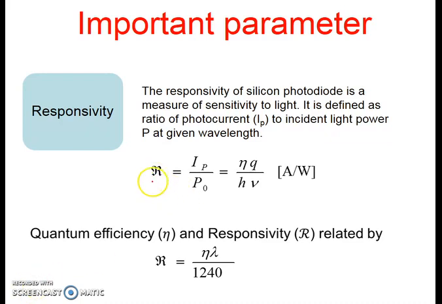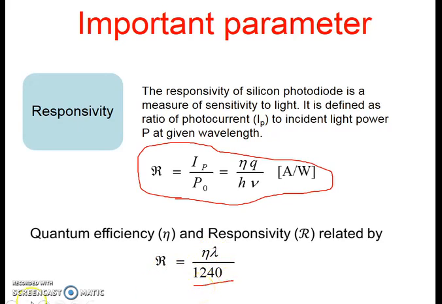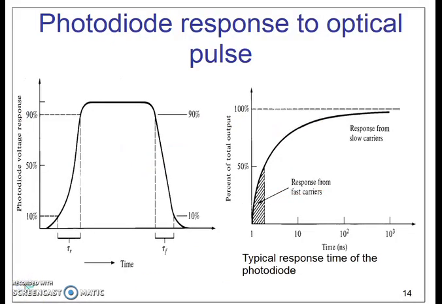Responsivity is given by IP divided by incident light power, equals to nq over hv. The relationship between quantum efficiency and responsivity is given by R equals to eta lambda divided by 1240.